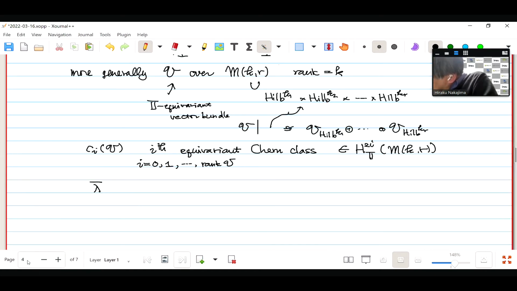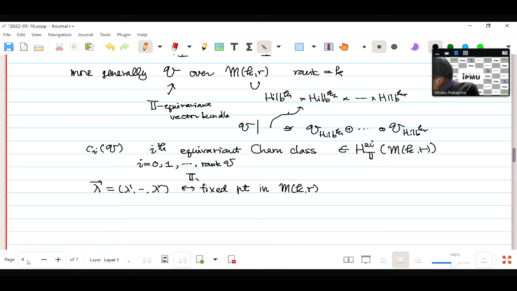And if lambda is a tuple of partitions, so this corresponds to a T-fixed point of M_{K,R}. So I denote i_lambda the inclusion. So I identify lambda with the fixed point, and I consider this inclusion.